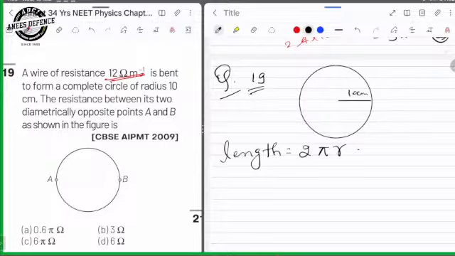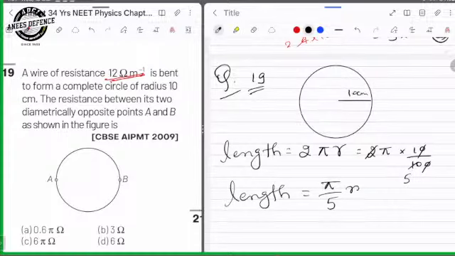So 2 pi r is 2 pi, and r is 10 upon 100, because radius is in centimeter and you have to convert to SI unit meter. So 10 upon 100, zeros cancel, 2 by 10 is 1 by 5. Circumference is 2 pi r, so you have calculated length is pi by 5 meter.